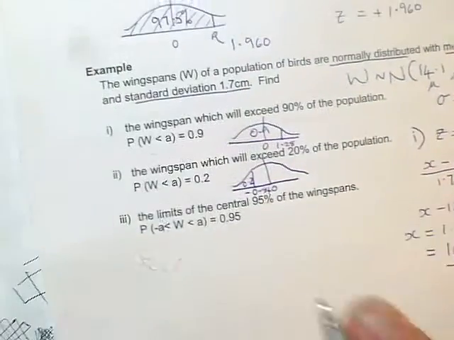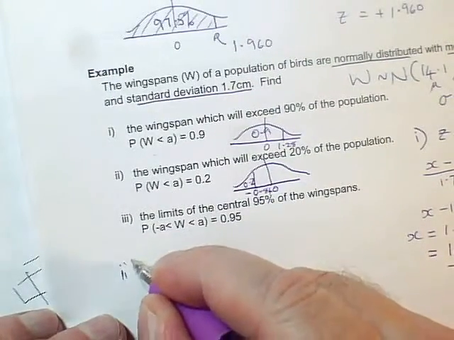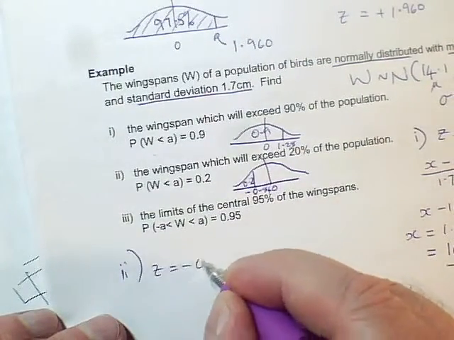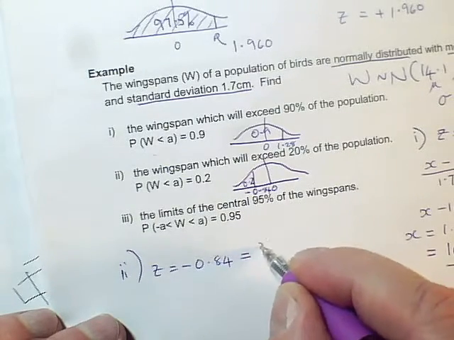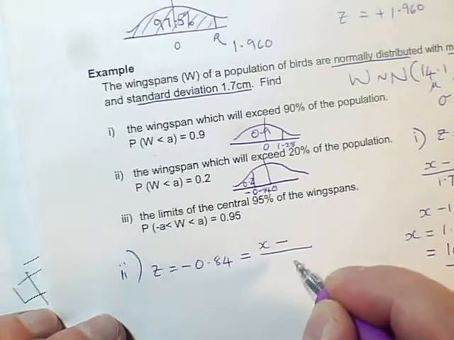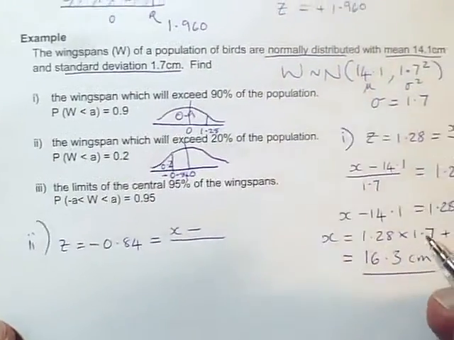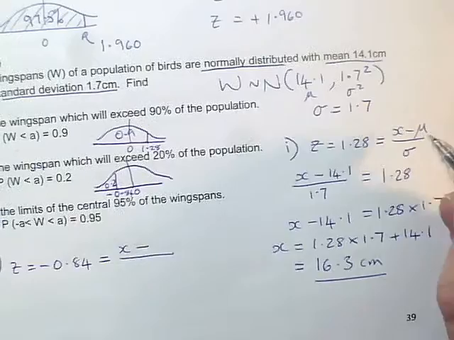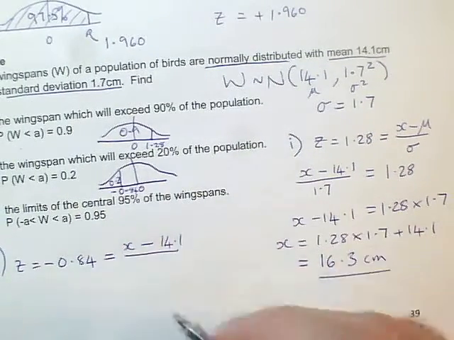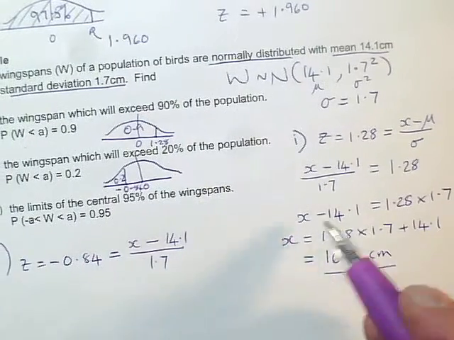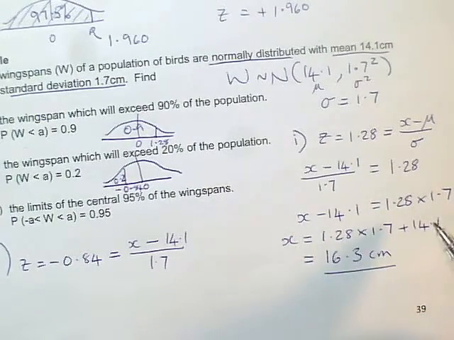So in dotty 2, I've got z equals minus 0.84, but I know that that is x minus mu over sigma, using the same formula that I used last time. So x minus mu is still 14.1, sigma is still 1.7. So in fact it's exactly the same calculation as I did here.